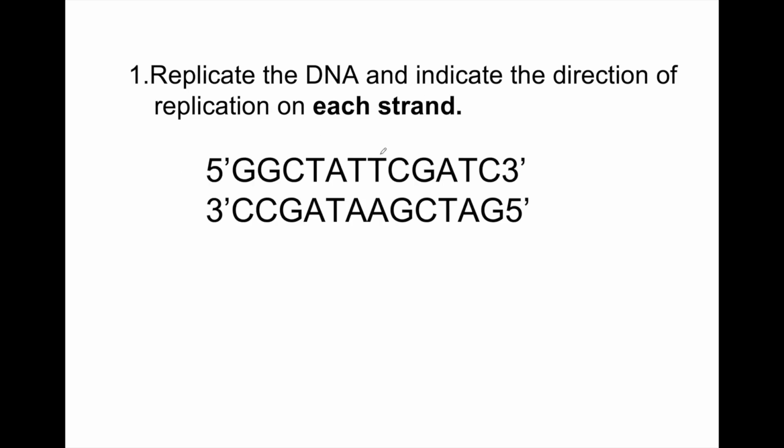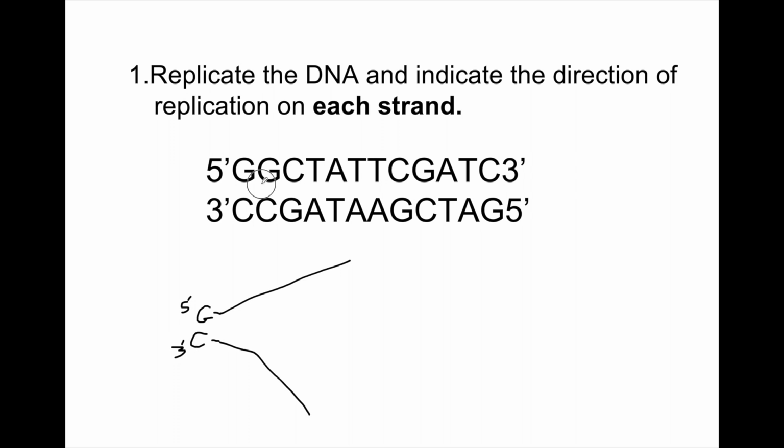And next, replicate this piece of DNA. So a good way for you to practice this was to maybe put the first G and the bottom C here as the beginning of a replication fork, and then build the rest of them on the DNA that is open. So this would be 5', and that would be 3'.